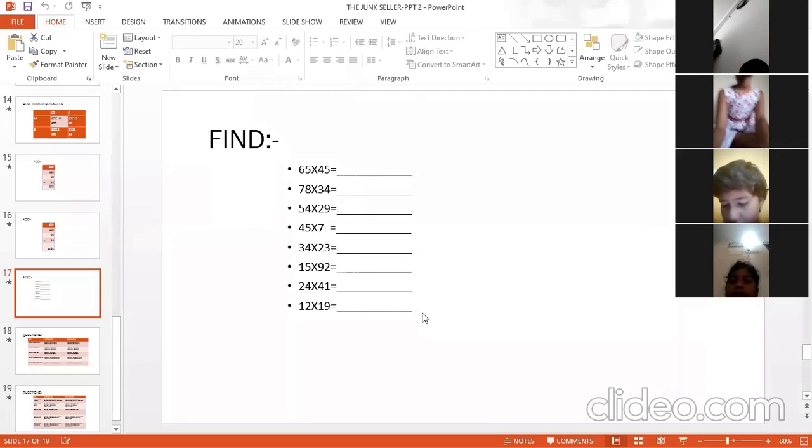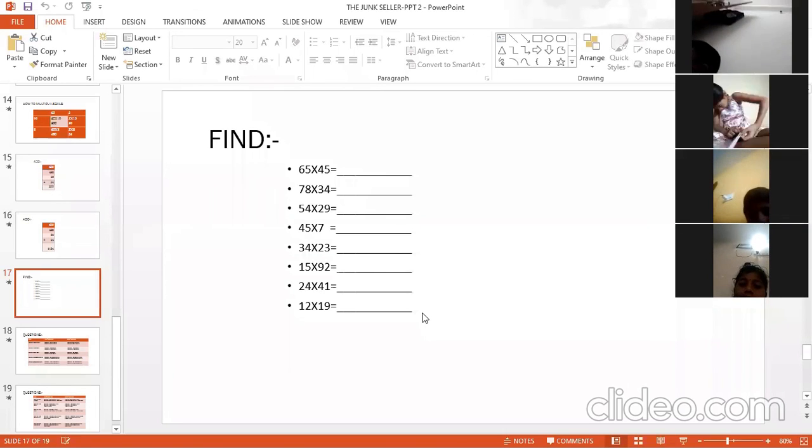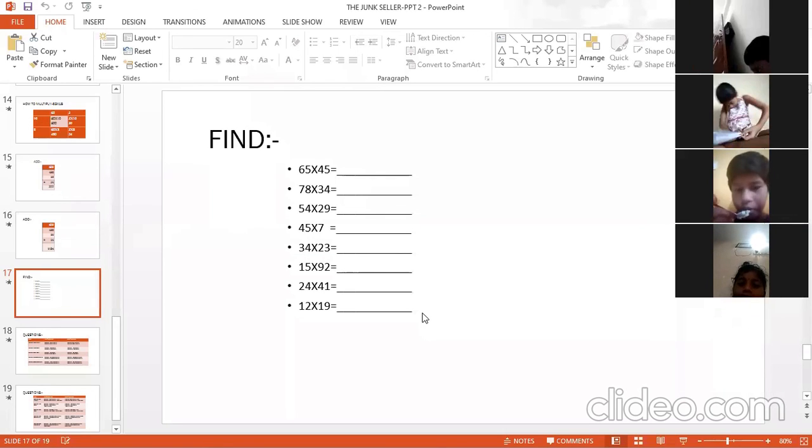Notebook. Everything in the notebook, not in the textbook. Everything taught in the class today, these two questions also, everything is only one classwork. Everything should be in the classwork, not in the textbook. These two questions also, classwork.